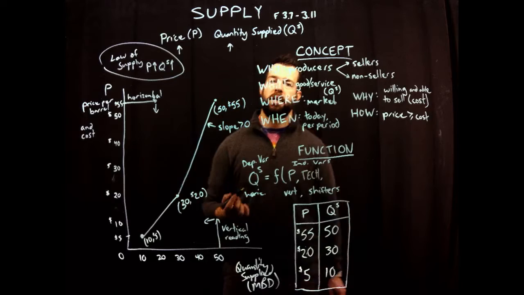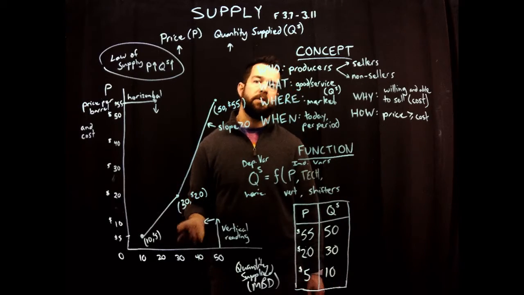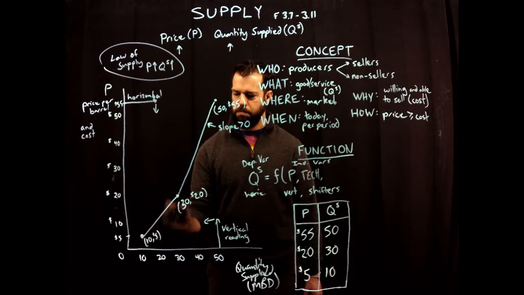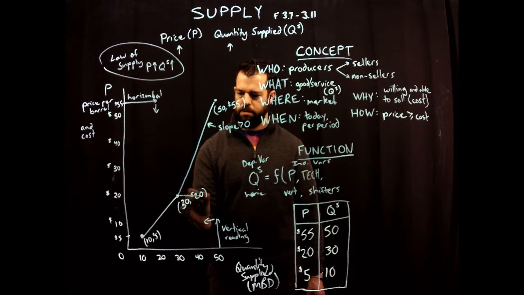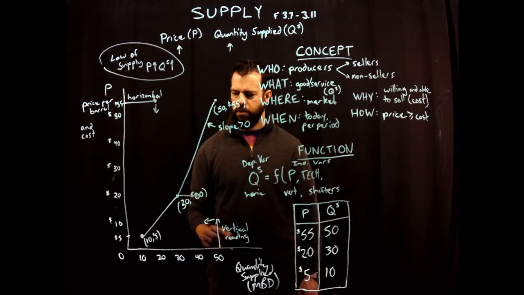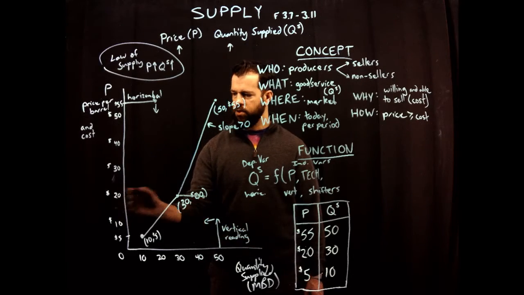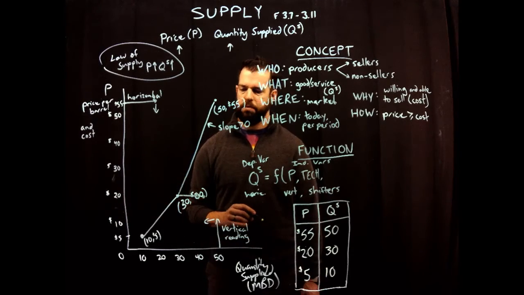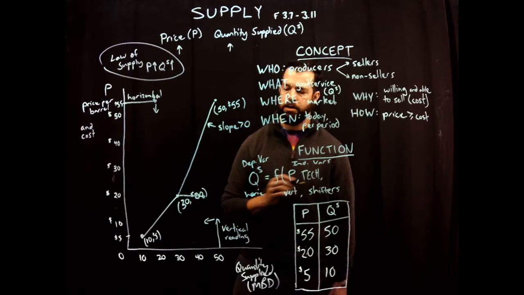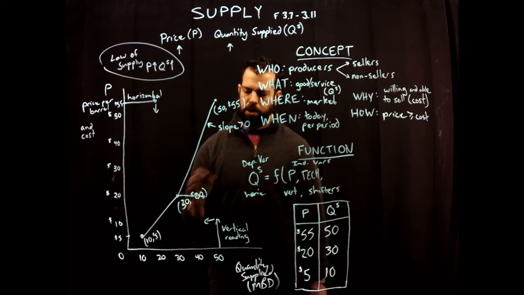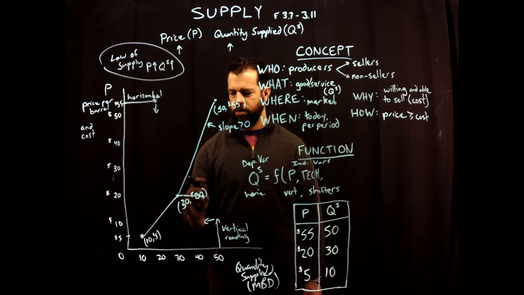That is the horizontal reading of an increase in supply. So if I take this point right here, in an increase in supply, we would move this point right here. Previously at $20 per barrel, the most that producers were willing and able to produce is 30 million barrels of oil per day, but now because they got better extraction technology, they can produce an extra 10 million barrels of oil per day. Okay.